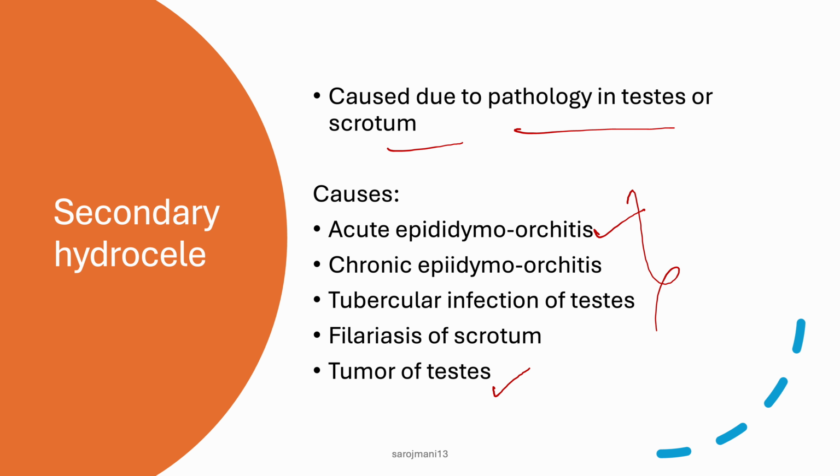So due to any of these diseases, if hydrocele occurs, then that is the secondary hydrocele. Due to any trauma or pathology in testis or scrotum, that is the secondary hydrocele.